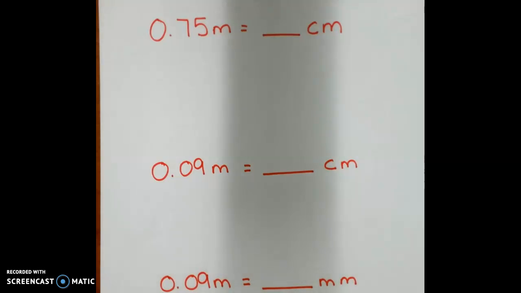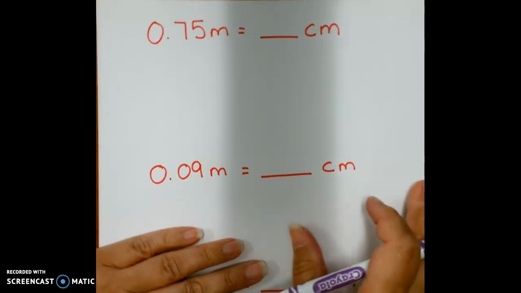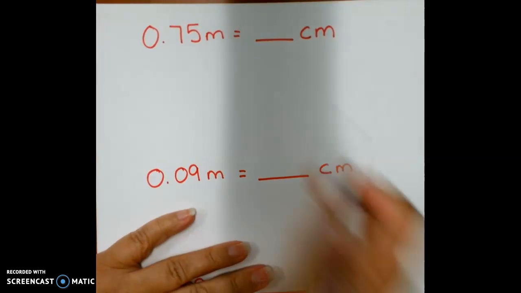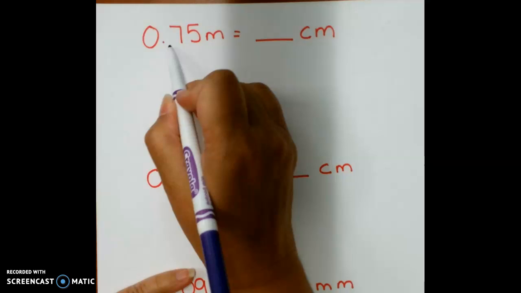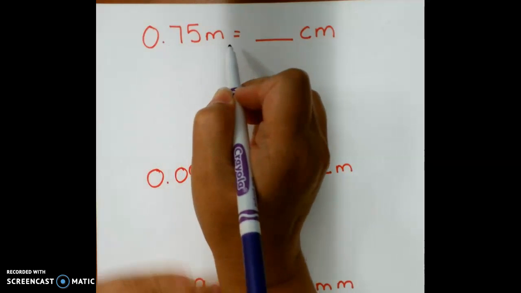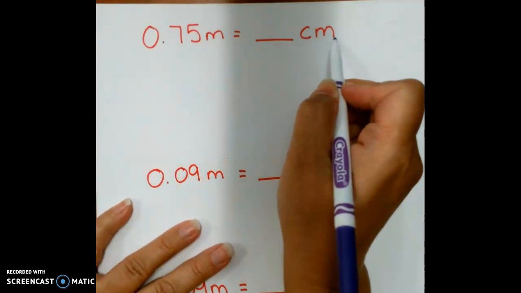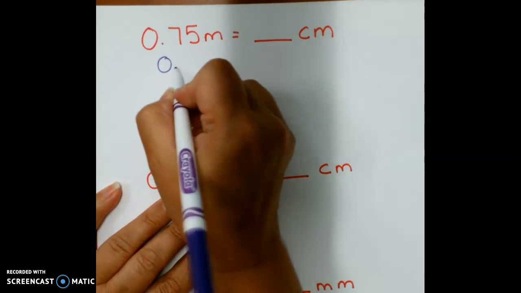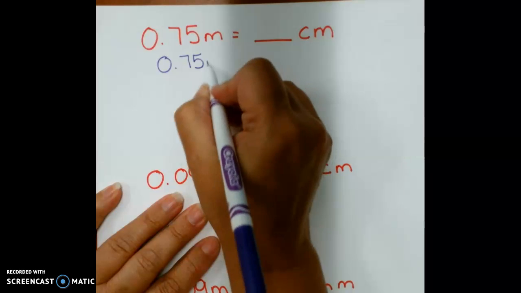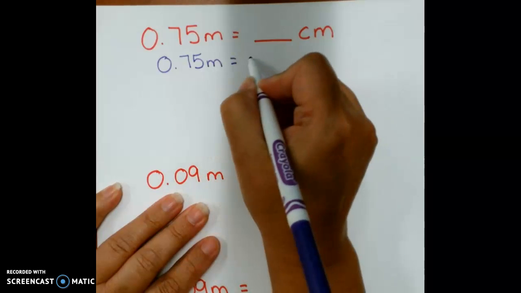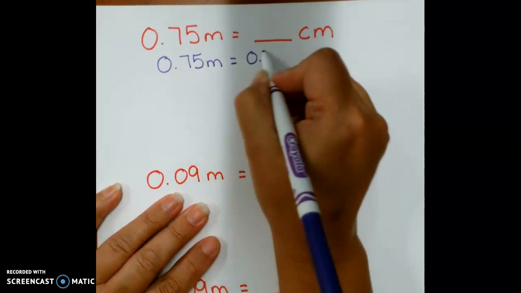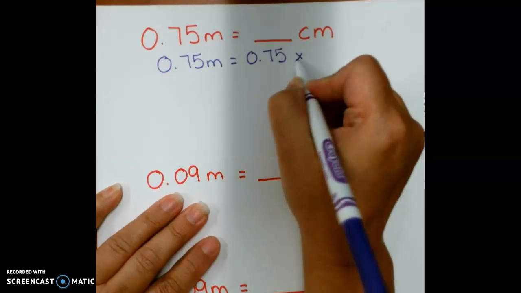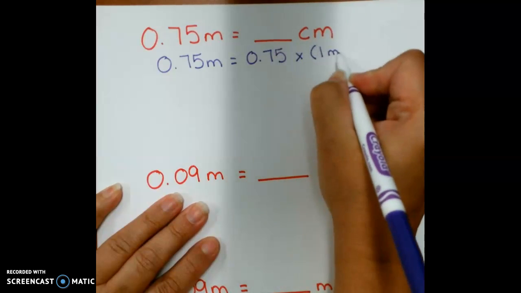Okay, so we're going to do a couple more metric conversions, and then we're going to do some standard conversions. So I have 75 hundredths meters, and I want to figure out how many centimeters that equals. So 75 hundredths of a meter equals 75 hundredths times 1 meter.